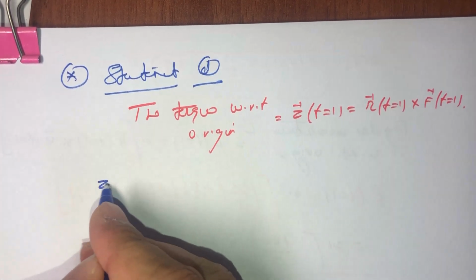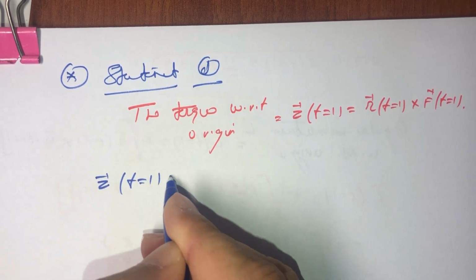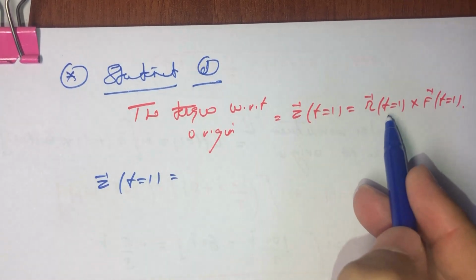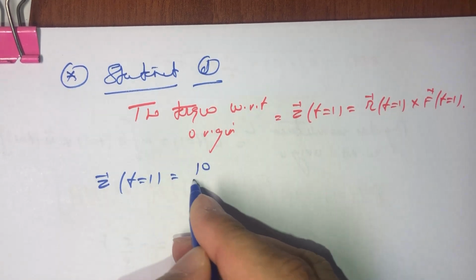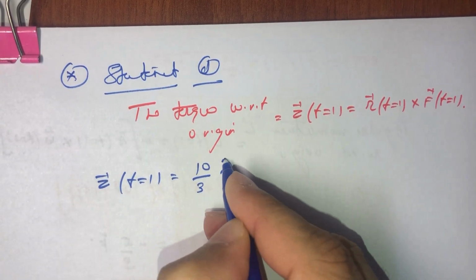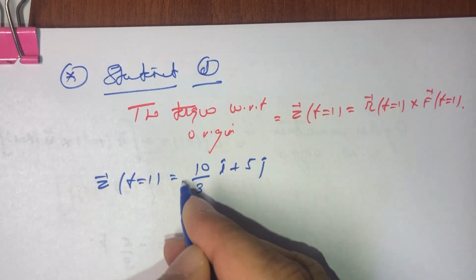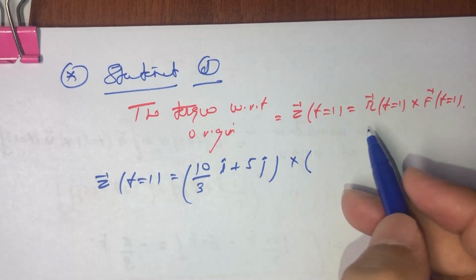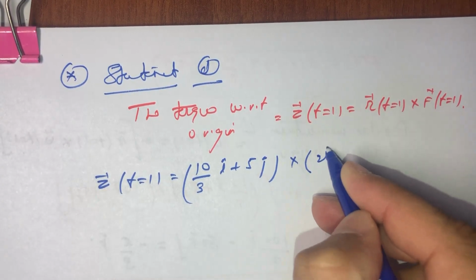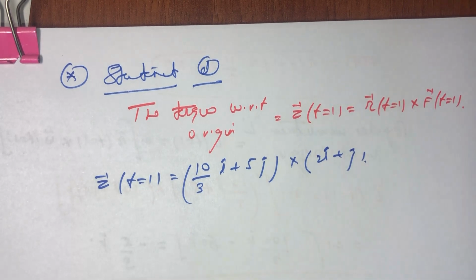So we can say we already know that R at t is equal to 1 will be our 10 by 3 I plus 5J cross, and force we just calculated is 2I plus J.